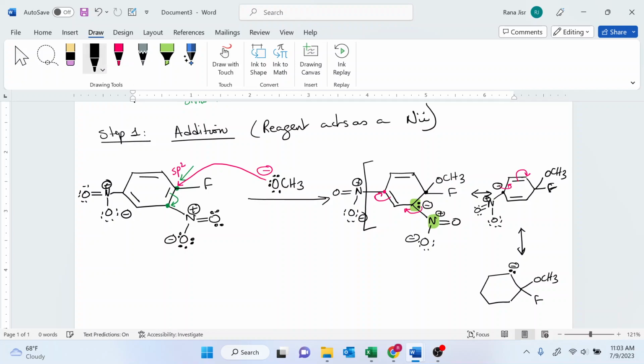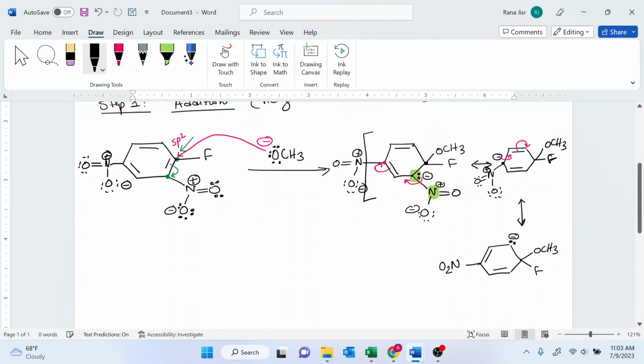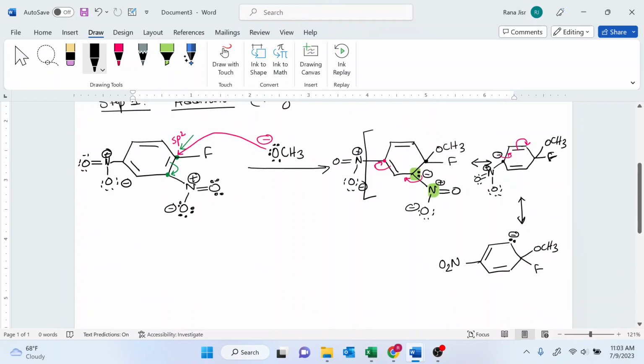So you're going to end up having a negative charge here, a double bond, and another double bond. Don't forget your NO2. So I have an NO2 over here, and I have an NO2 over here. Okay, and this is my NO2 as well.